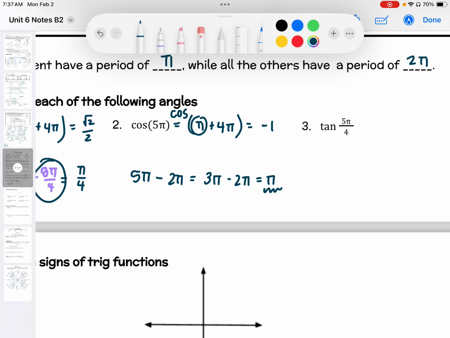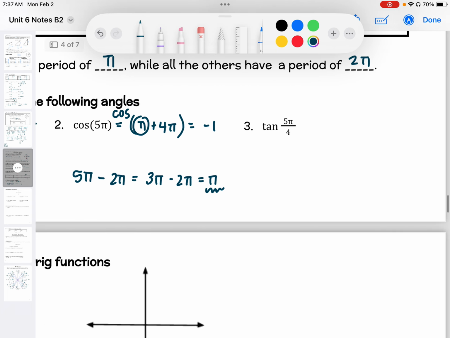Okay, and then tangent has a period of pi. So we can think about if I have 5 pi over 4, which is just a value on the unit circle, so I could figure that out, which would equal 1. But I can also figure out that if I were to subtract pi, get a common denominator, that would be pi over 4.